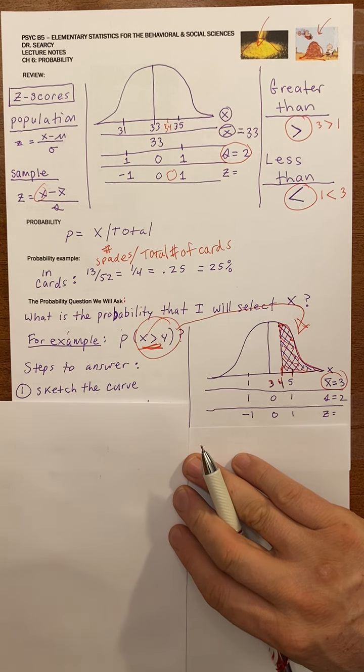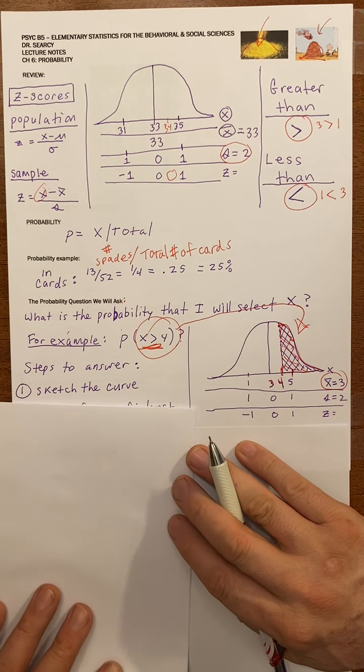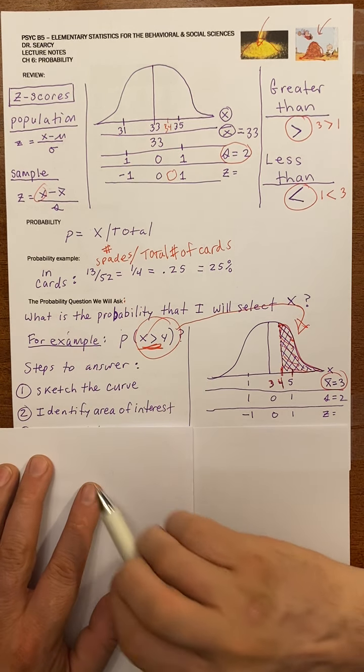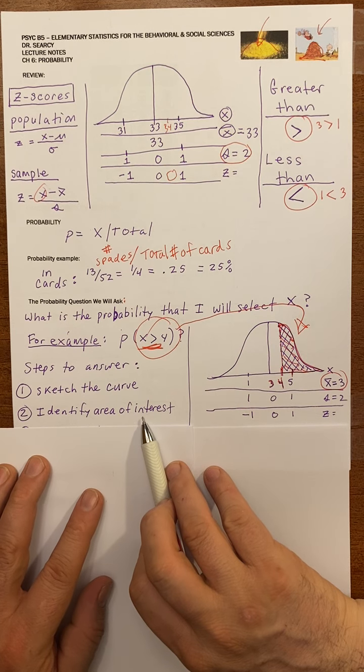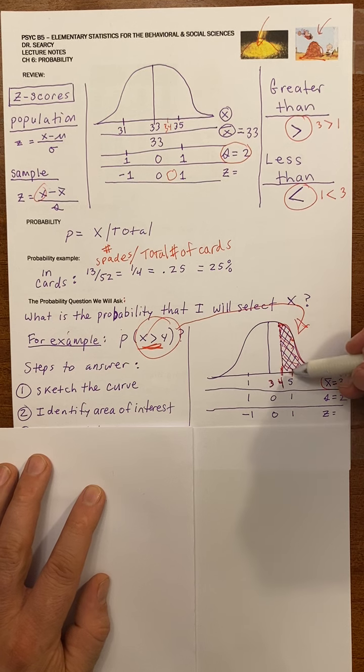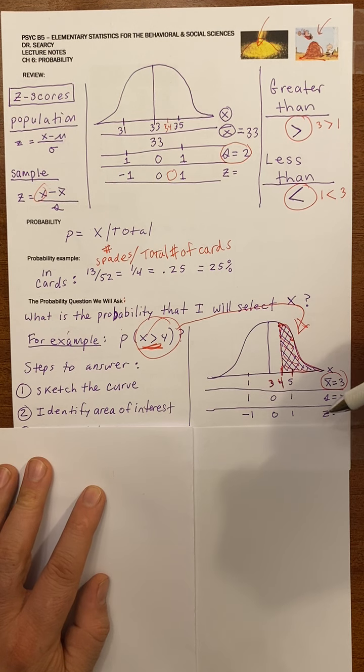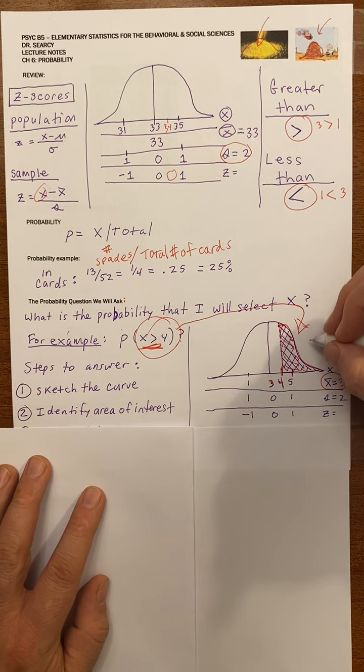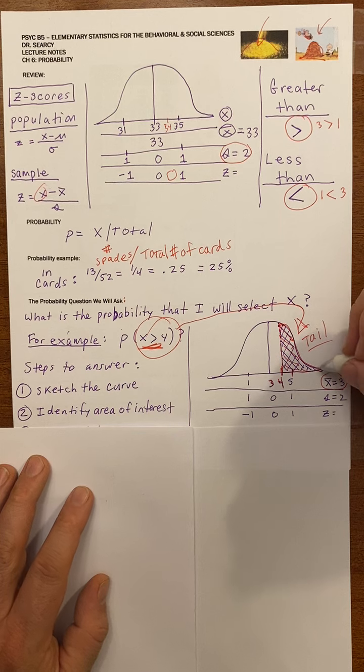Okay, so now what I've done is part 2. I have identified the area of interest. In this problem, we're interested in knowing about this part of the curve. By the way, I'm referring to this part of the curve as the tail. Why the tail? Because of this part here.